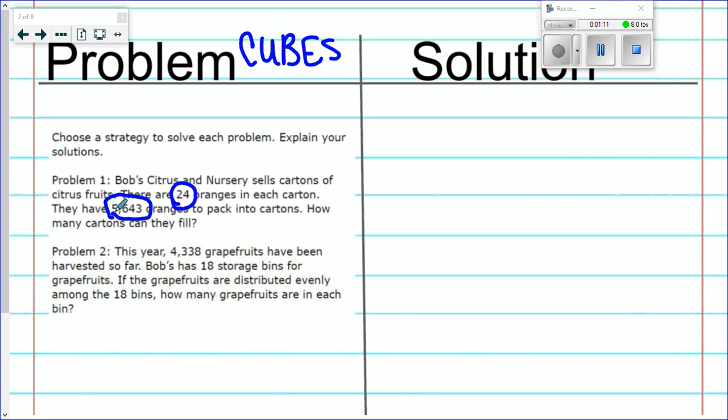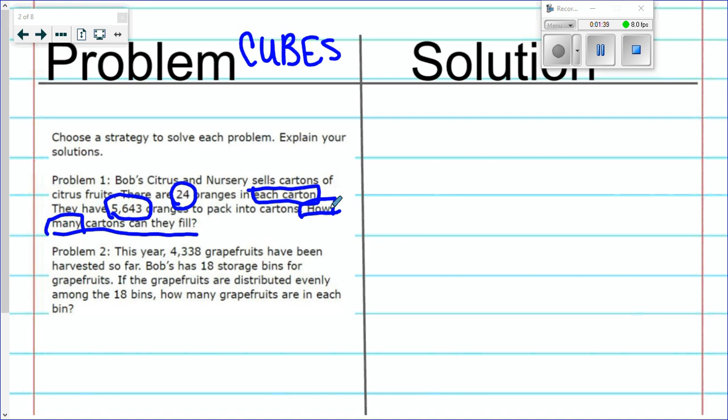The 24 oranges are just how many will fit in each. What we need to underline is how many cartons will they be able to fill? So some important words are each carton, we know there's going to be 24 in each, and how many cartons we're going to be able to fill.